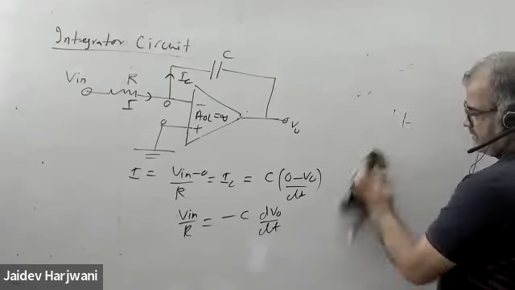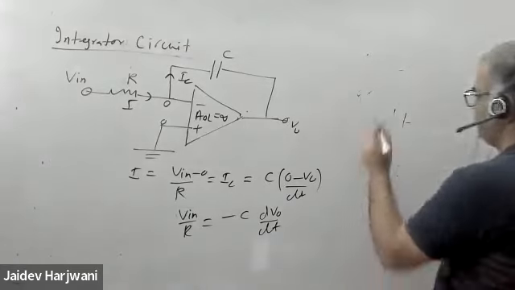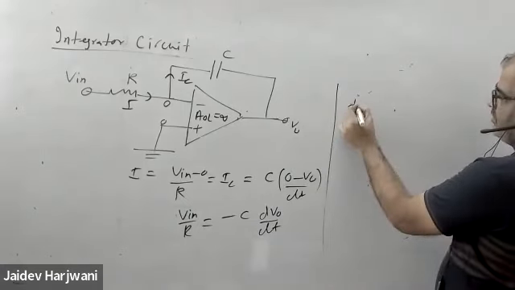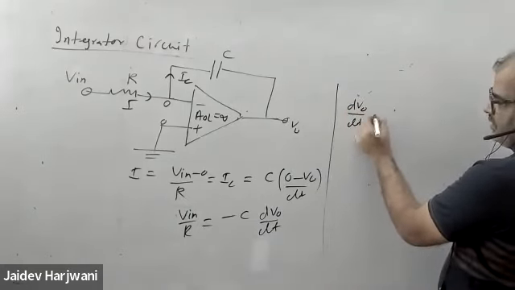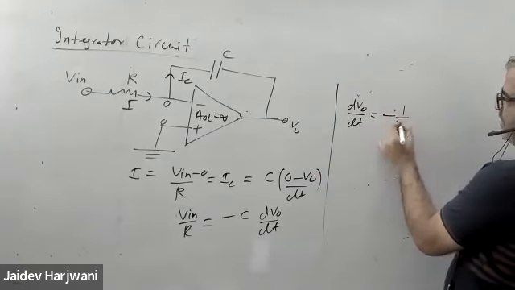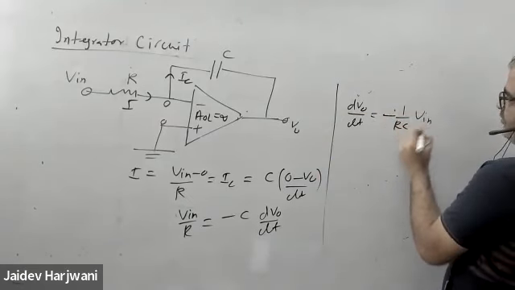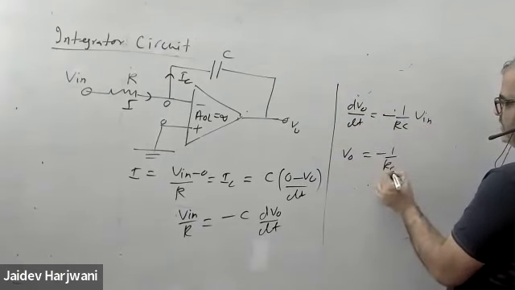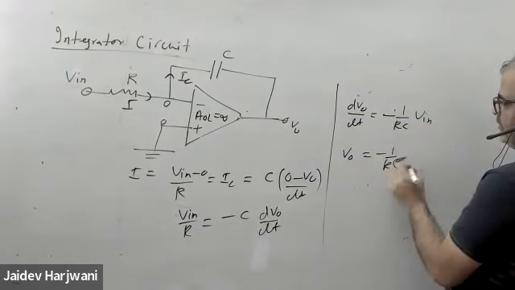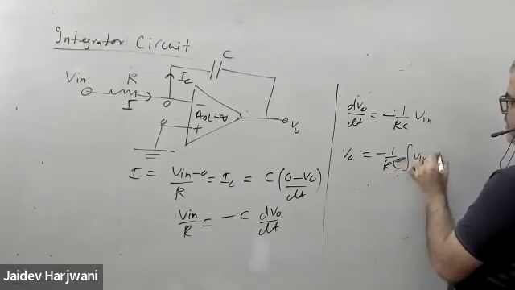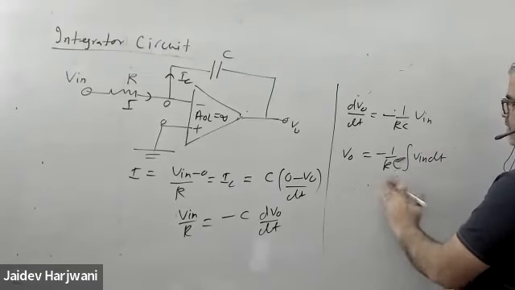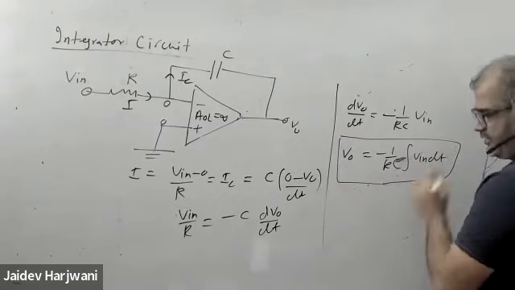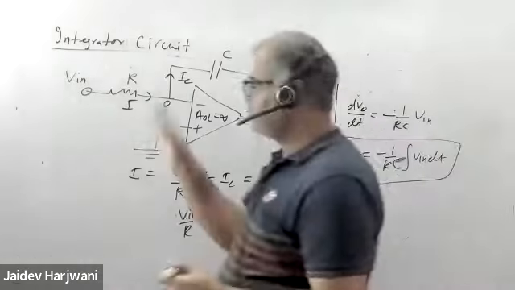From here you can calculate dV naught upon dt equals minus 1 by RC V input, and V naught will be minus 1 upon RC integral of V input dt. So your V output is simply the integral of V input. That's why it is called an integrator circuit.